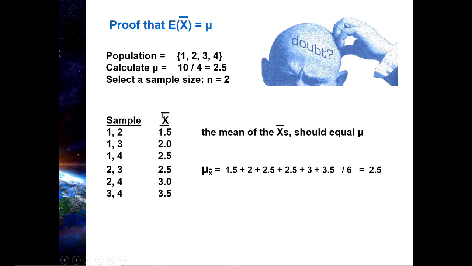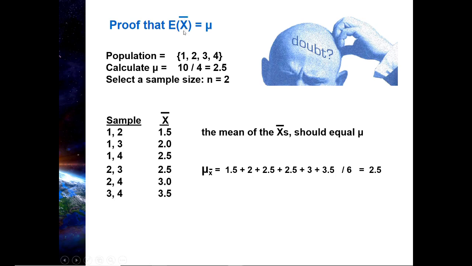We would be calculating S squared. So you'd have to calculate the variance of the sample and put the number here. So what goes here depends on what you're trying to prove.